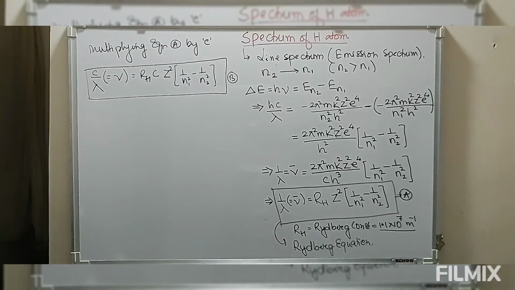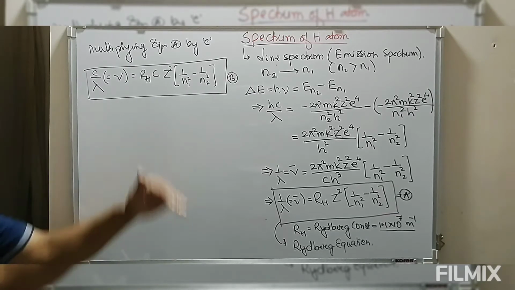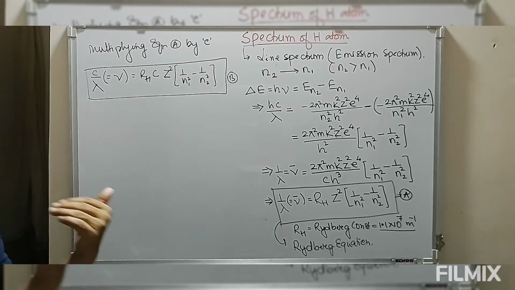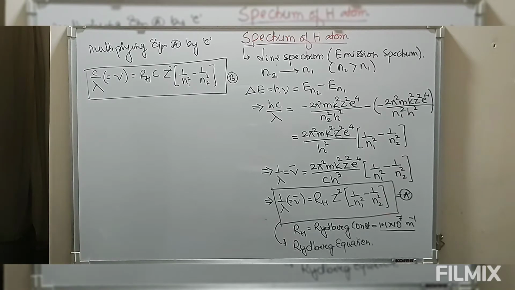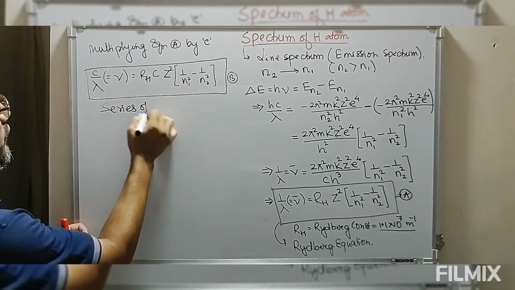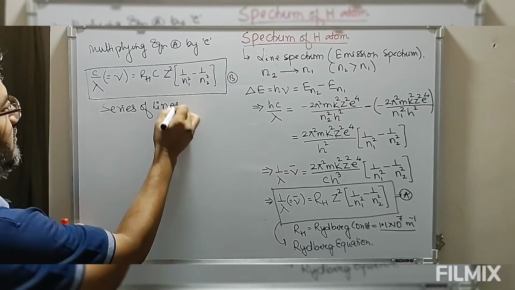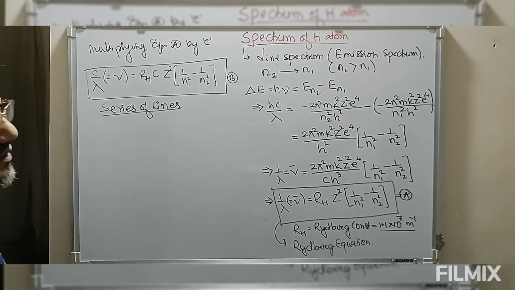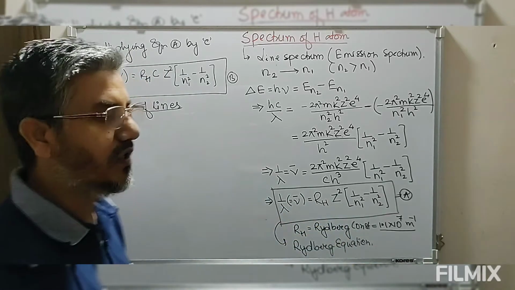So depending on the value of n1, the final state in which the electron is being arrested, we can have different series. So let's start with the series of lines. This series of lines is based on the value of n1.